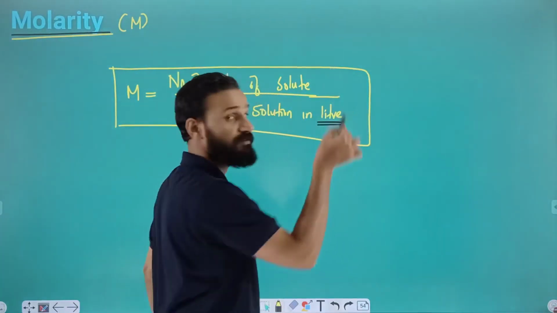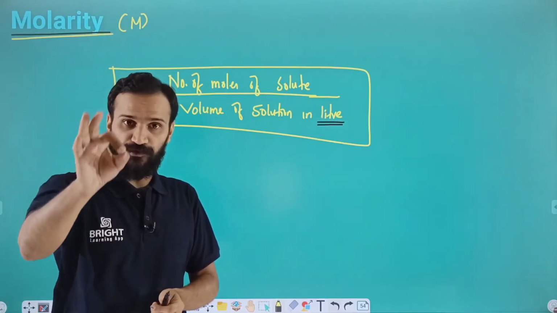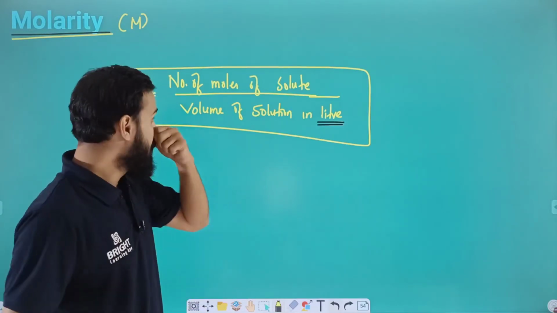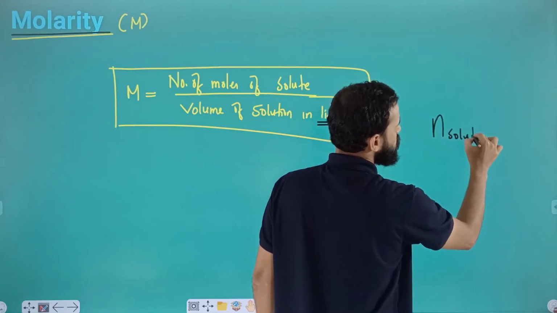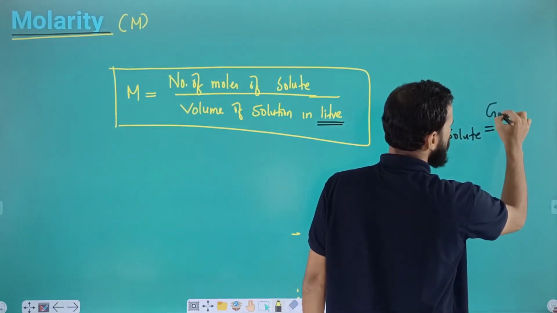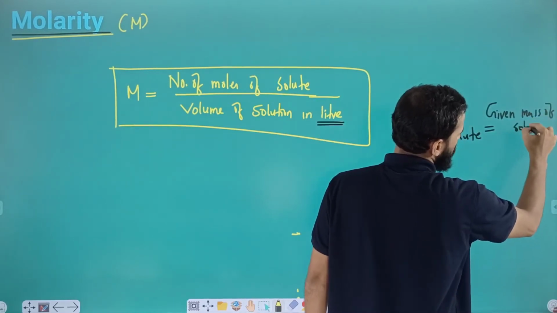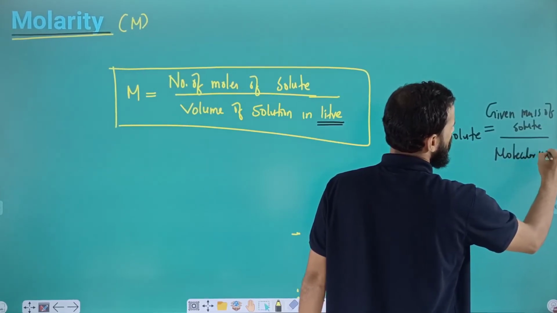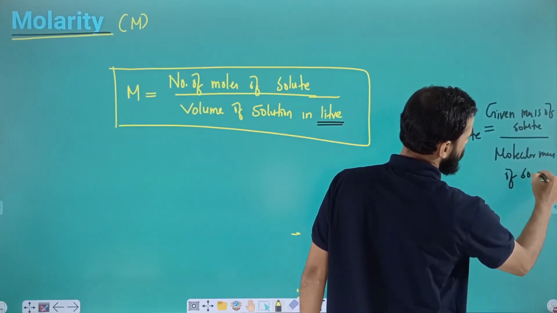The unit is very important. The number of moles of solute dissolved in 1 liter of solution is called molarity. Here, how can we calculate the number of moles of solute? The number of moles of solute is equal to the given mass of solute divided by the molecular mass of solute.